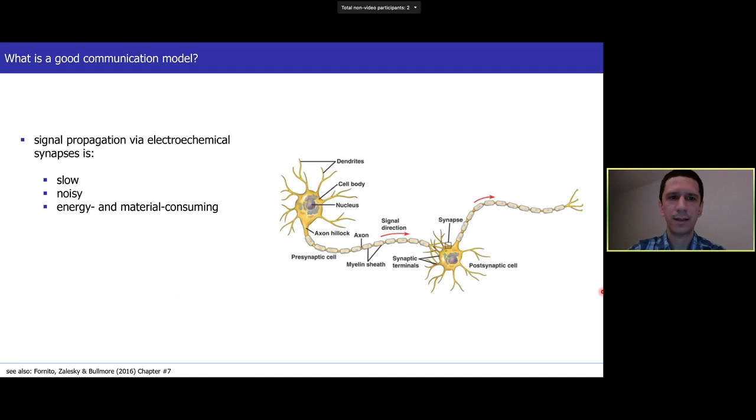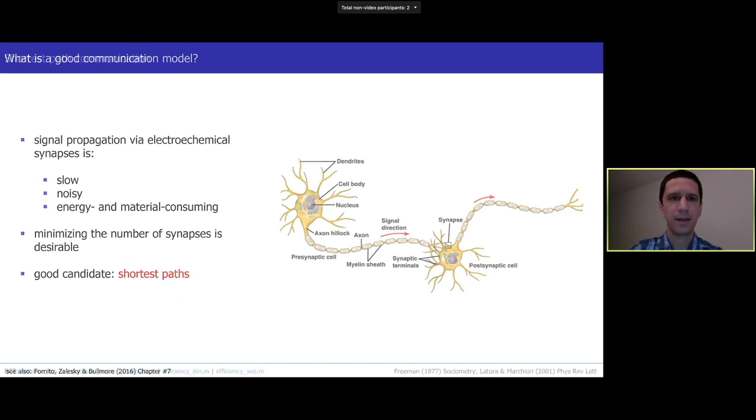And it requires a lot of energy to constantly depolarize and repolarize membranes, and also requires a lot of material, for instance, to package a neurotransmitter into vesicles and so forth. So if we were to think about what would be the most optimal way to transmit information in the brain, we would try to pick a mechanism that minimizes the number of synapses. Therefore, a really good, very sensible way to start thinking about communication in the brain is from the perspective of shortest paths.